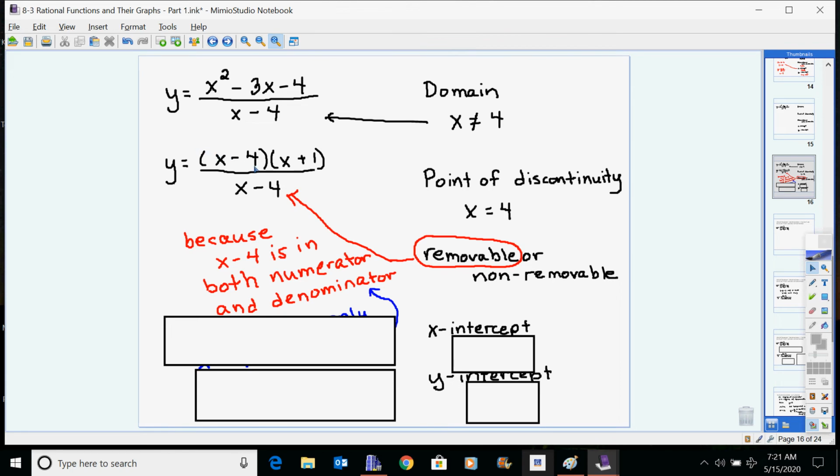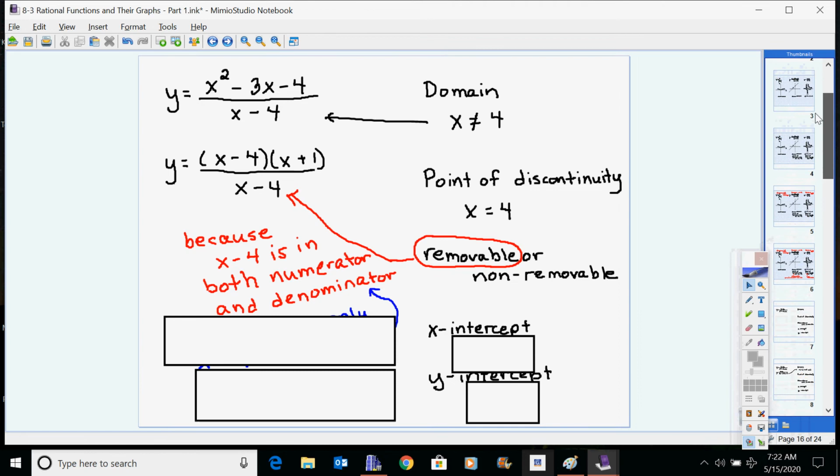If you canceled these out, your graph would just look like y equals x plus 1 with a hole in it. And the hole would be at x equals 4.